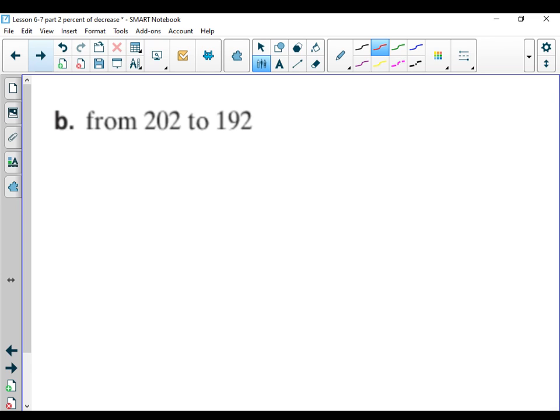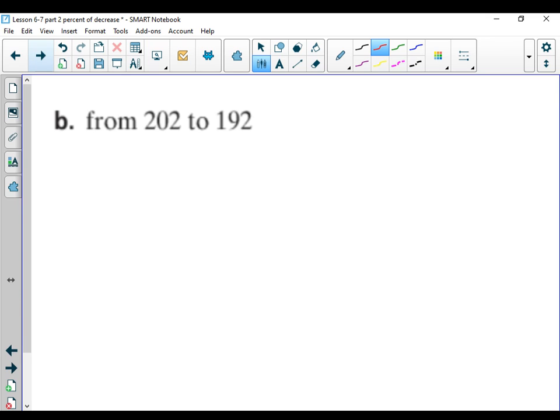Number 3. You might have known someone that made a New Year's resolution a month ago. They were going to try to eat less sugar and exercise more. They weighed 202 pounds on New Year's Day. 1 month later, they weigh 192. Woo! Less sugar, more exercise.